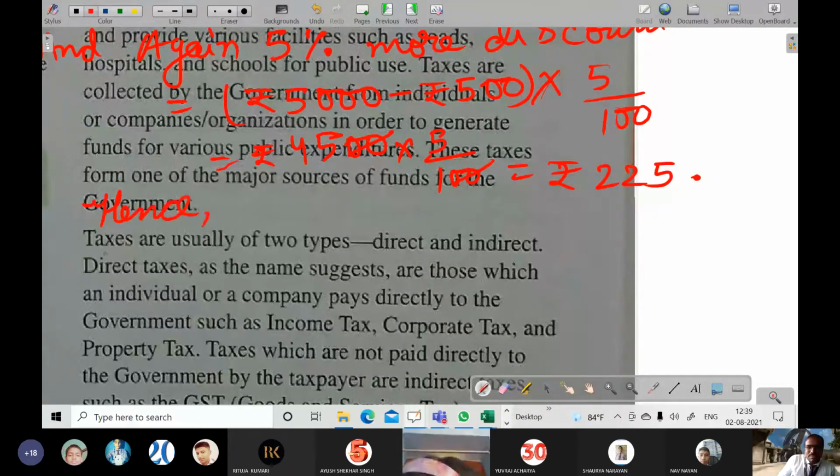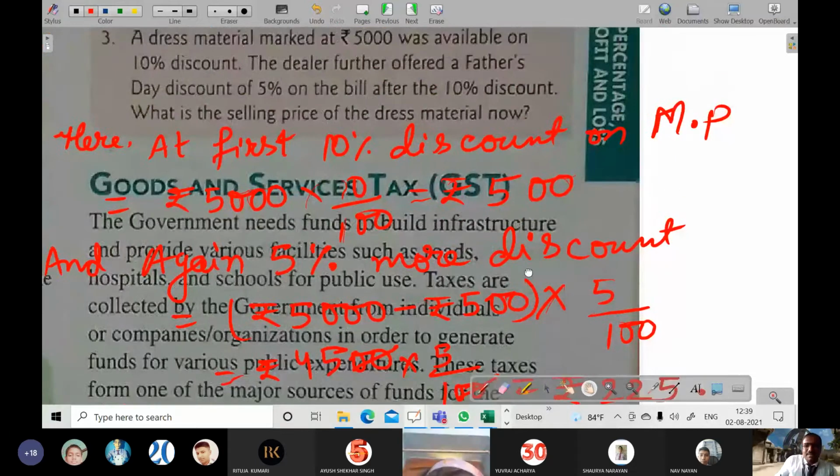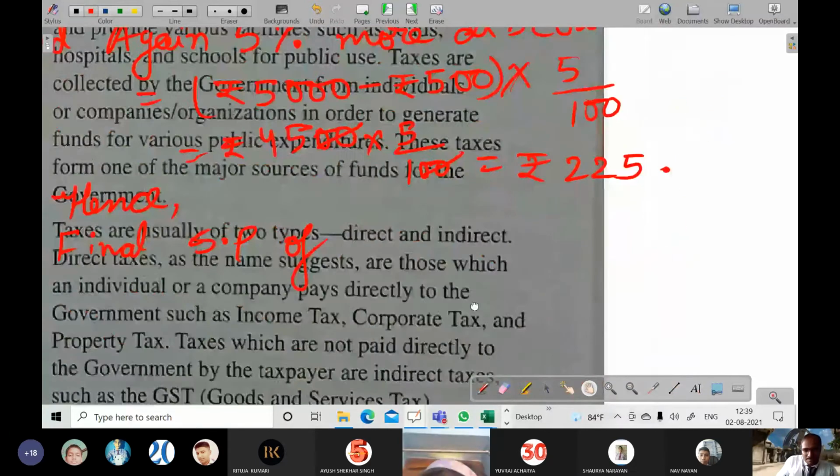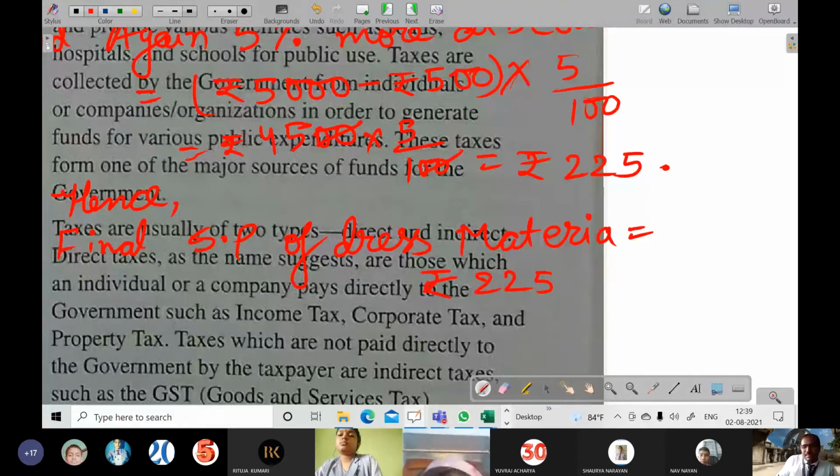Hence, final SP of the... SP of what was that? Cloth material, is it? Dress material. Dress material is equal to rupees, sorry, not 225, 4500 it was earlier.